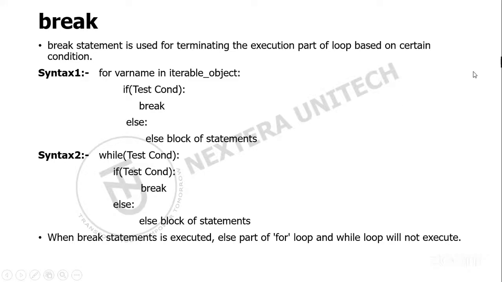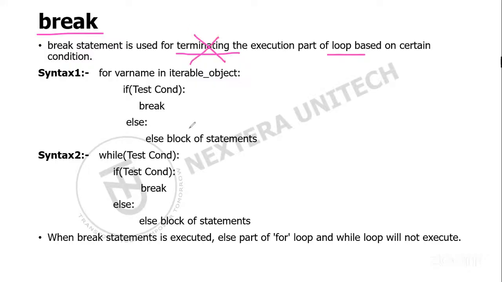I'll start with break. What does the break statement do? The break statement helps us to terminate. Directly it helps us to break the execution of the loop. Depending on the condition that we specify, the loop gets terminated.